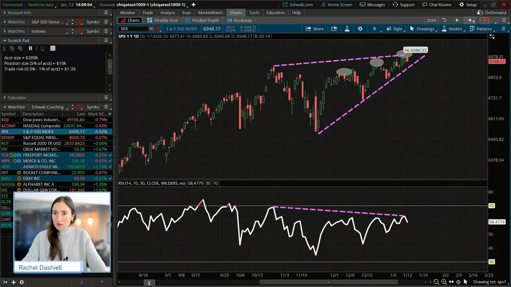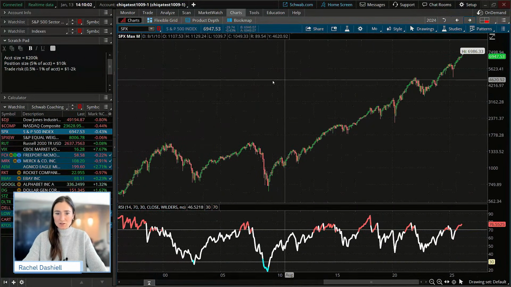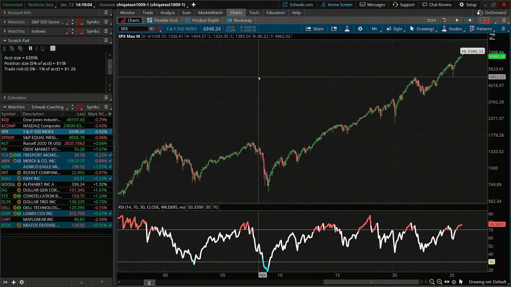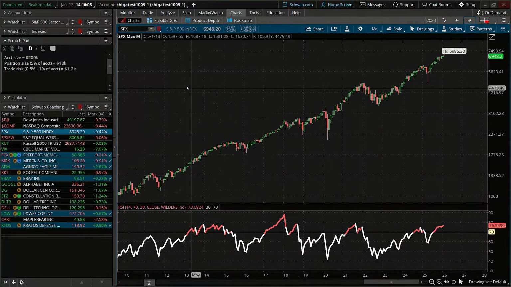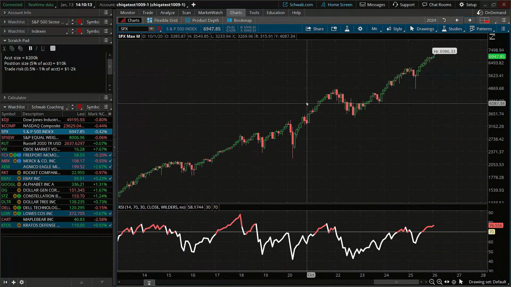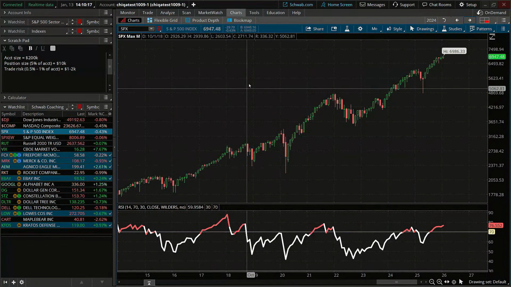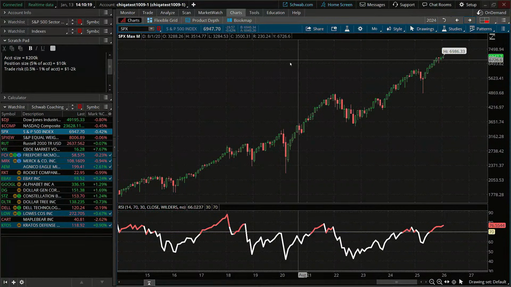So one other thing I want to talk about here is the long-term S&P 500 chart as well. I'm going to back this out to the monthly, because you can use this indicator on many different time frames. I'm going to show you why divergences don't necessarily mean sell or why they don't trigger an exit.